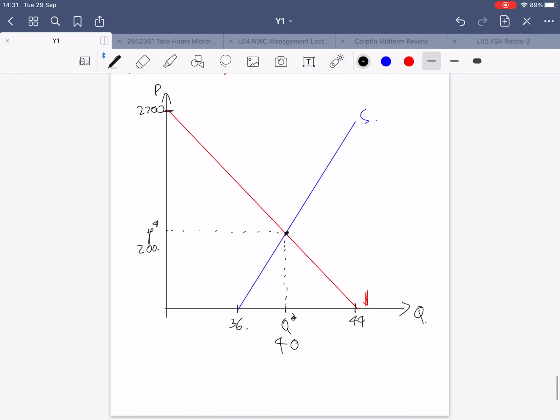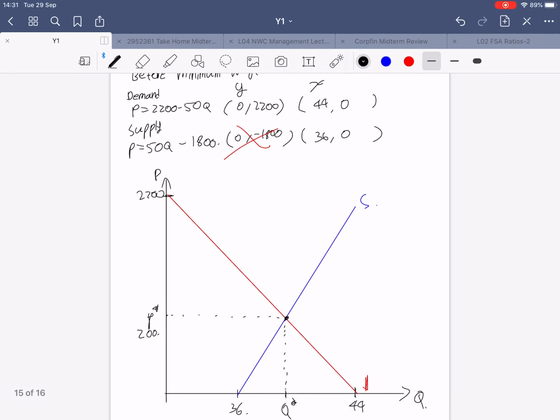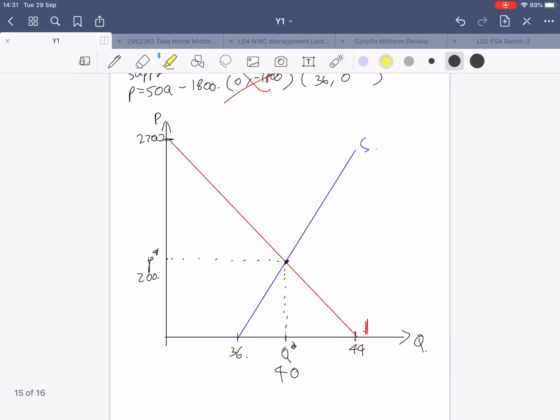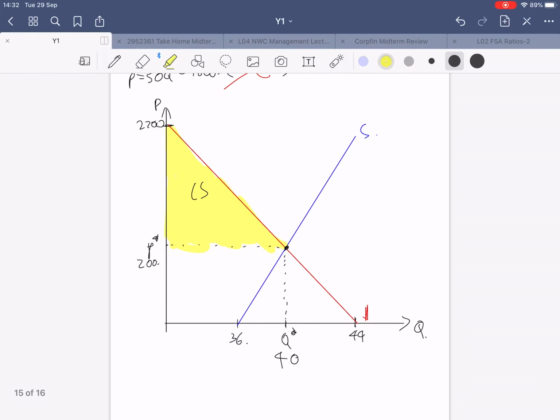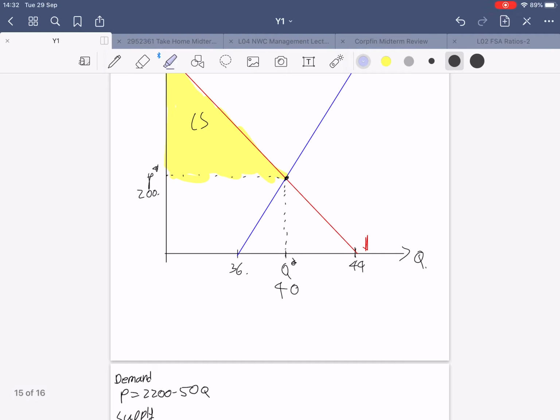Okay, so now we can find the CS, PS, and SW for before the minimum wage. I'm going to use yellow color here to represent the CS, and purple for PS.